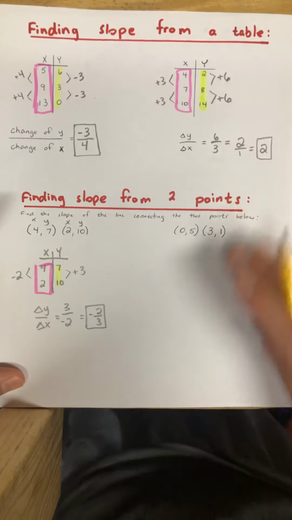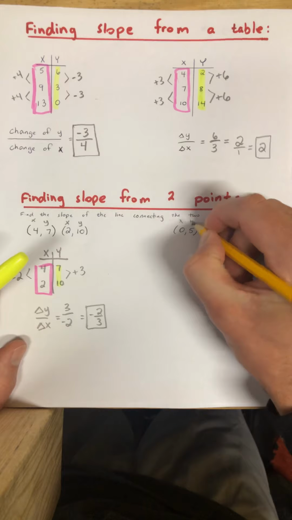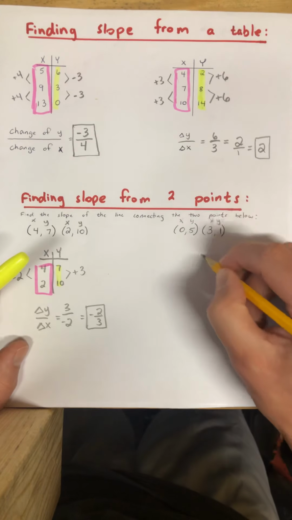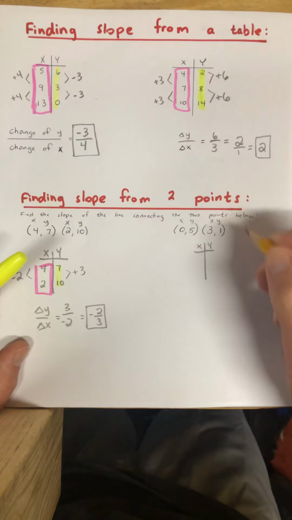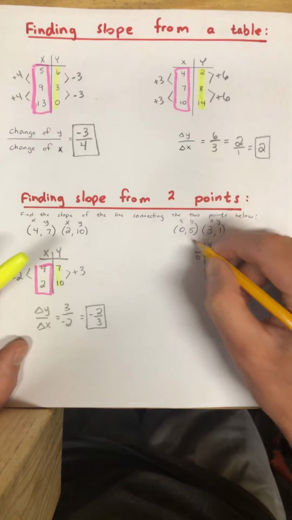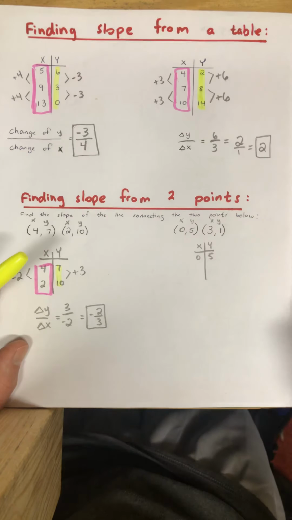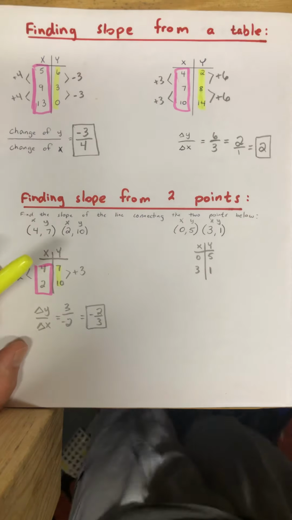Let's take a look at the second example. Again, remind ourselves here, x and y. Create our table. We have an x value of 0 and a y value of 5 for the first point, and an x value of 3 and a y value of 1 for the second point.